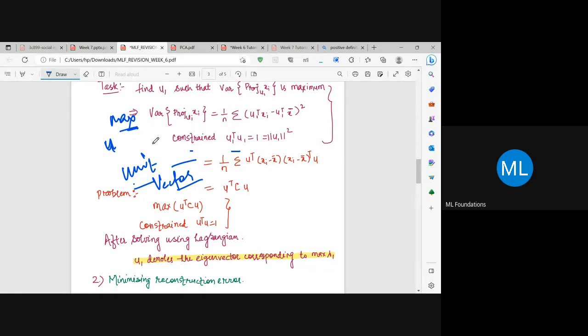I just need a direction where the variance should be maximized. And I'm applying a condition on the unit vector, that the vector should be a unit vector. That is the constraint of the optimization, and that can also be solved with another method, which is to minimize the reconstruction error. So these are the two optimization problems that can be there for PCA.